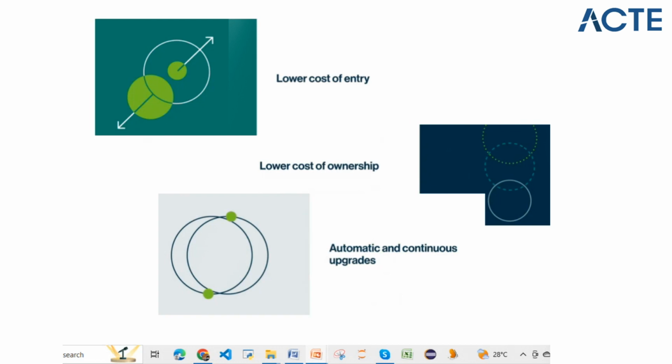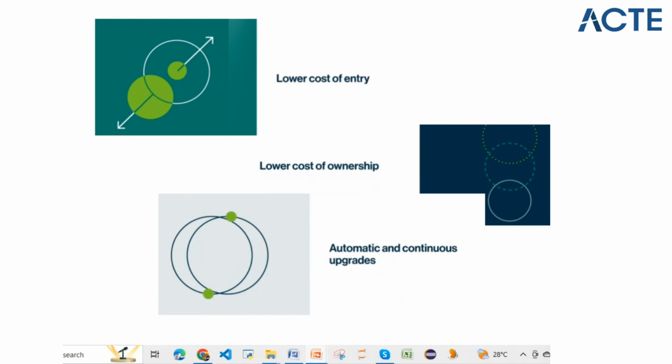If we see the benefits of Collibra Cloud over on-premises, we can say it has a low cost of entry. If we go with on-premises, we need to purchase the hardware initially, and then we need IT staff for maintaining that hardware. For both cloud and on-premises, the subscription fee is the same.